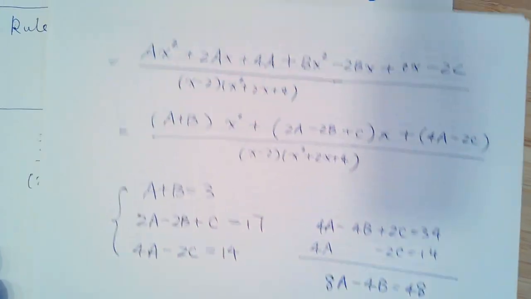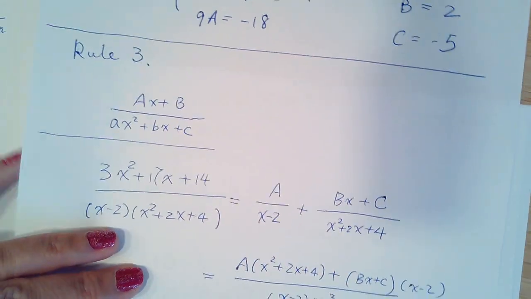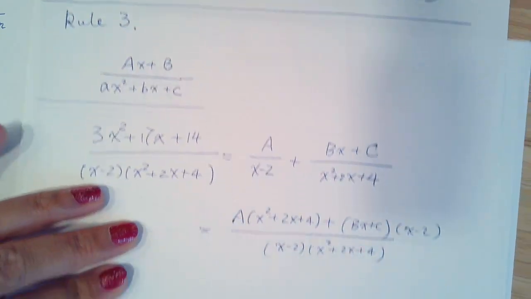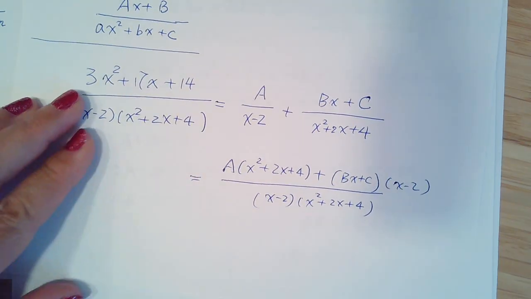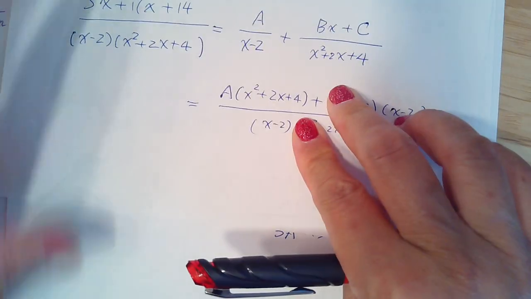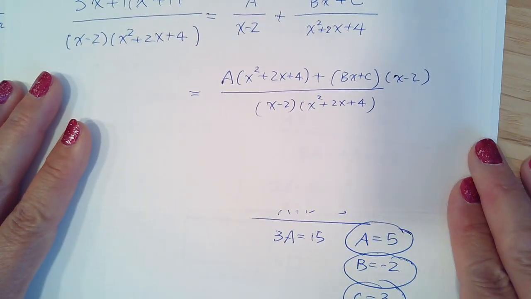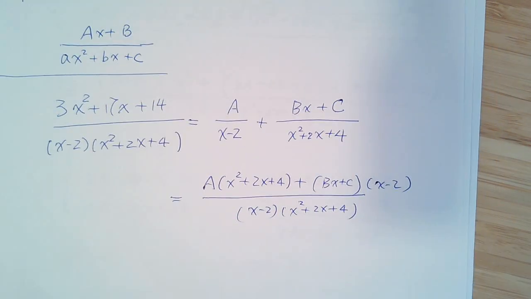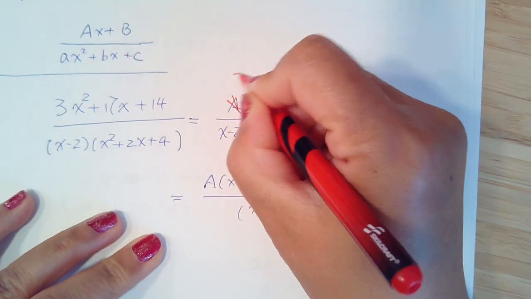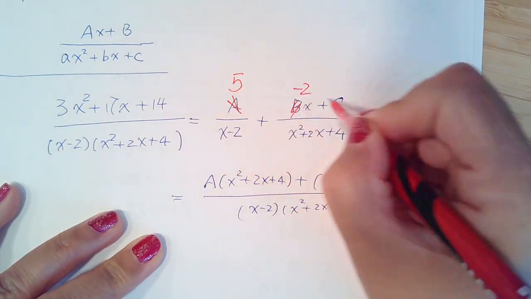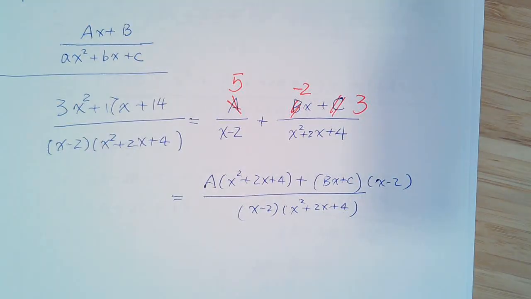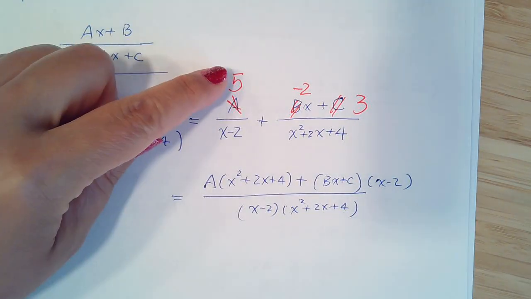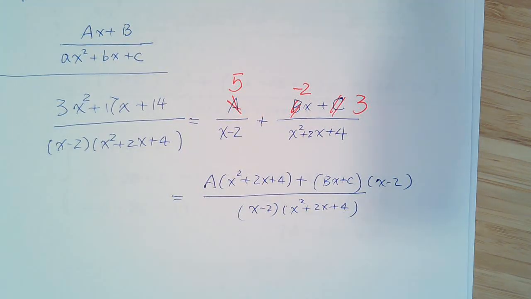Then I got a, b, c, which I bring to the top: 5, negative 2, and positive 3. So that's going to be 5 over x minus 2, plus the numerator negative 2x plus 3 over x squared plus 2x plus 4. And that's it. I think that's all for this class.